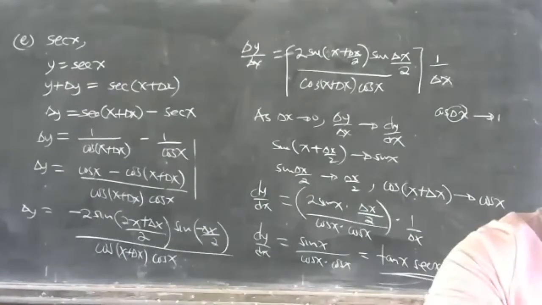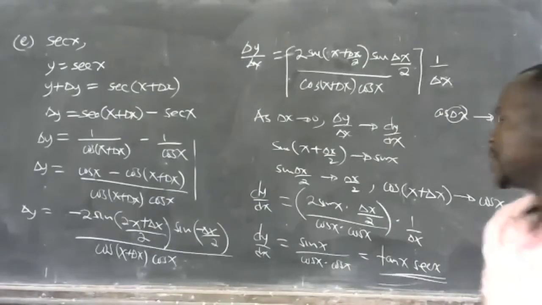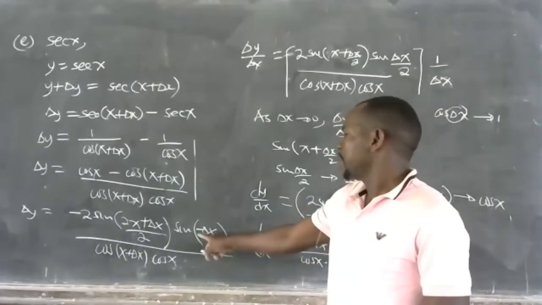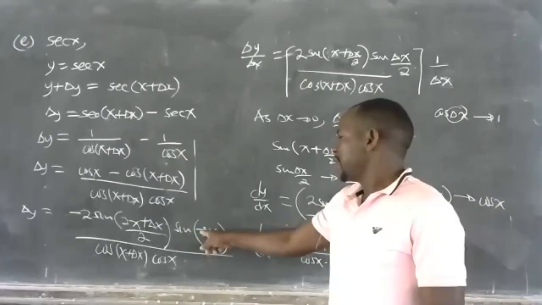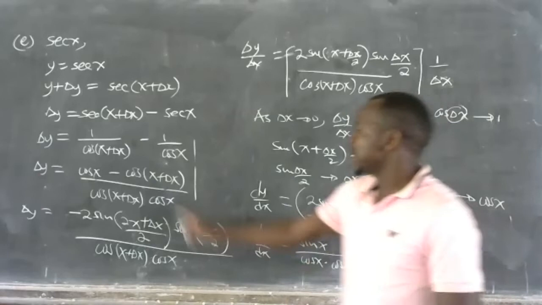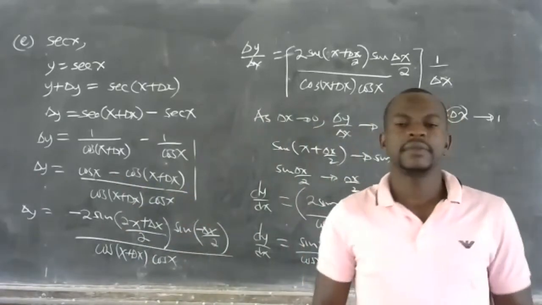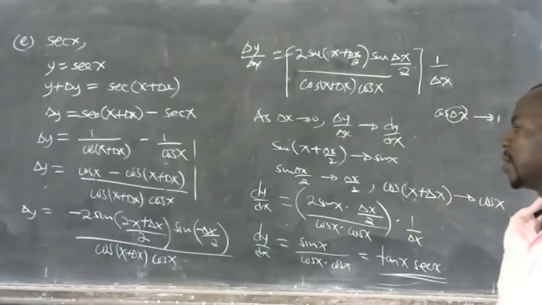Because we had -2 sine x. It's negative here. Factor formula, you first add, then you subtract. Right?